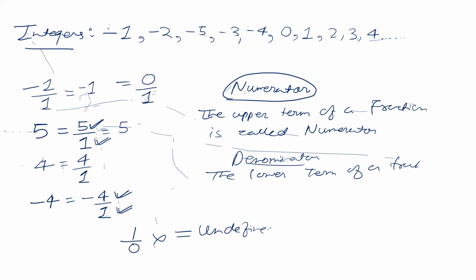So you see here that integers can be represented in fraction form where the numerator and denominator are integers. And there's an exception here: q, the denominator, should not be equal to 0, because if we put the denominator as 0, the fraction becomes undefined.